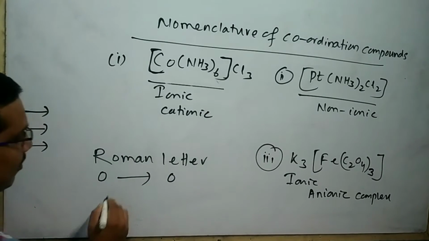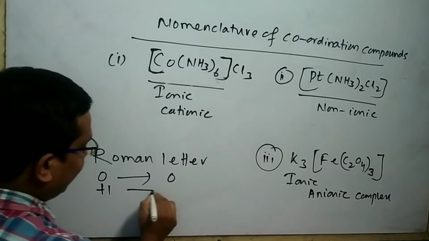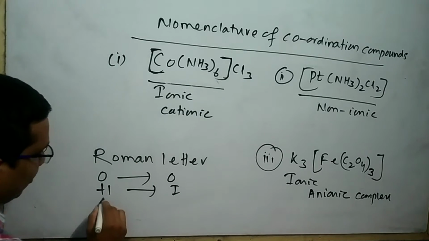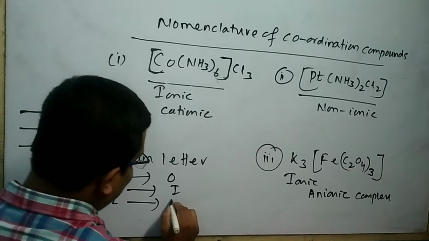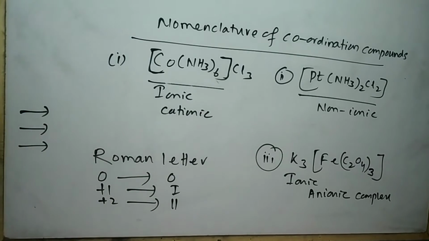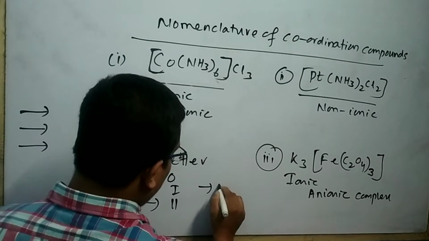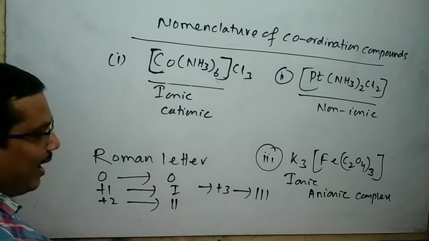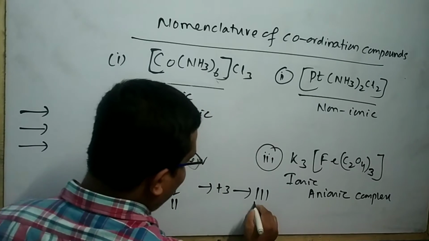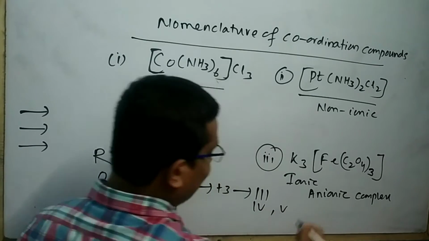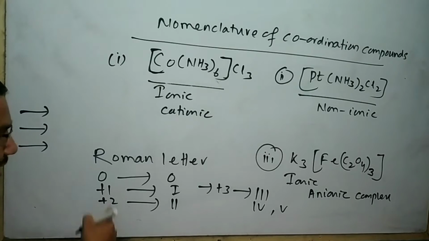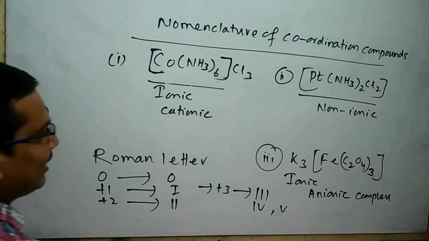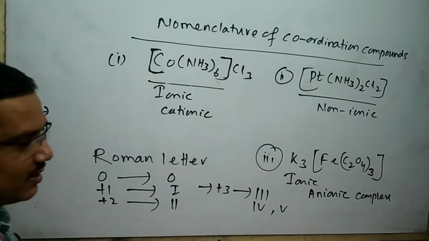If the oxidation number is +1, it is written as I. If the oxidation state is +2, it is written as II. If the oxidation state is +3, it is written as III. Like that, I can also write IV, V, like this. The oxidation state of the central metal atom is written in parentheses.